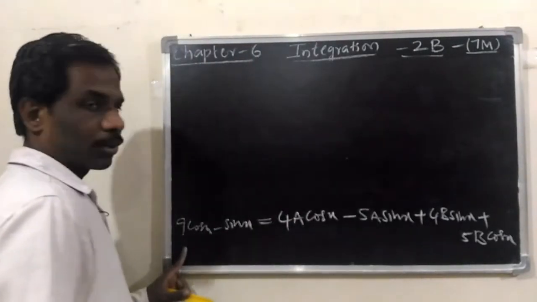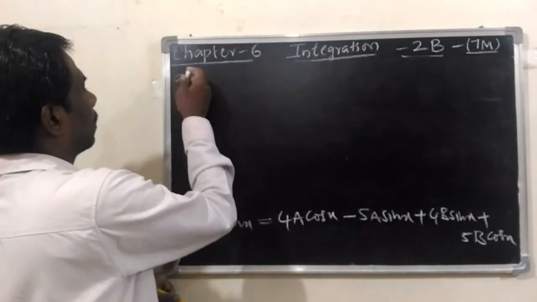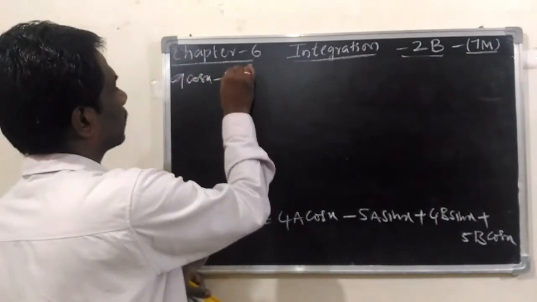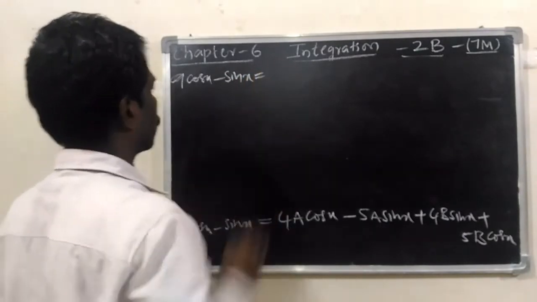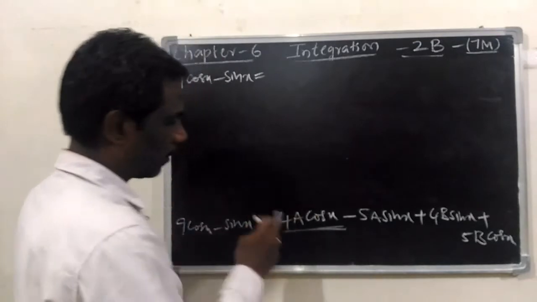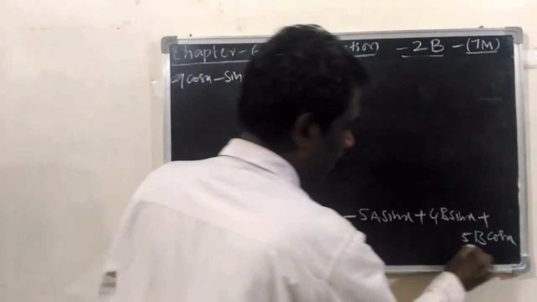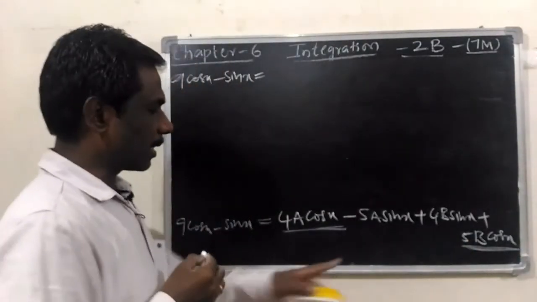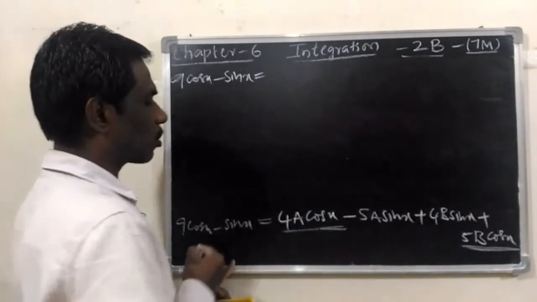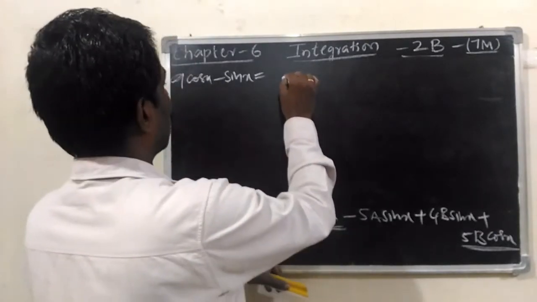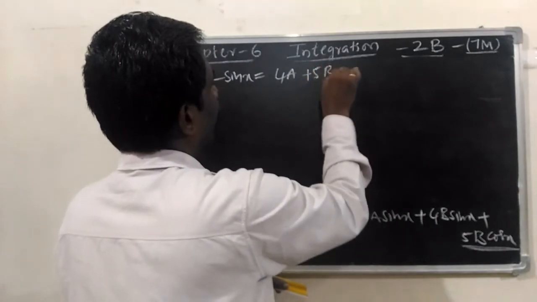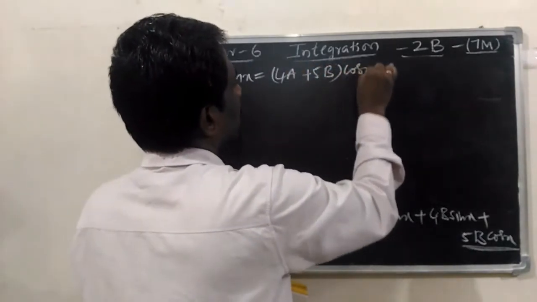Now this LHS part as it is, 9 cos x minus sin x, is equal to 4a cos x and one more term 5b cos x. Take cos x common, then we get (4a plus 5b) cos x.